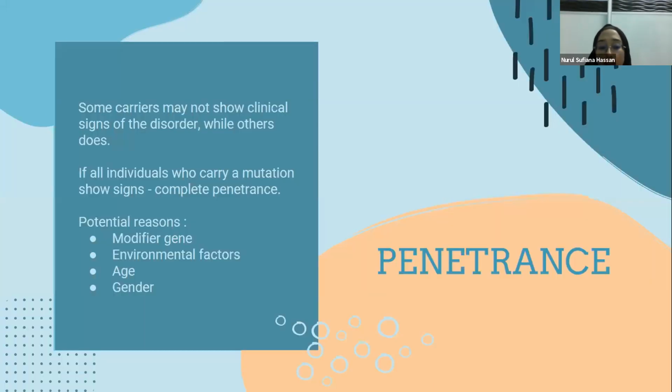Some carriers of a mutation may not show clinical signs of the disorder, but other people who have the same mutated gene can manifest symptoms, and this is what we call penetrance.